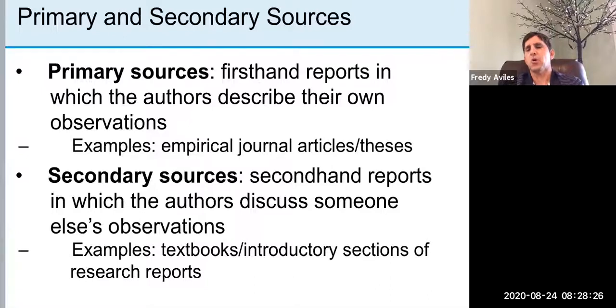Now, there are primary and secondary sources. A lot of you already know what these are, right? Primary sources are firsthand reports of authors, people who were there when something happened. So let's say you're reading about World War II and it's a firsthand report.